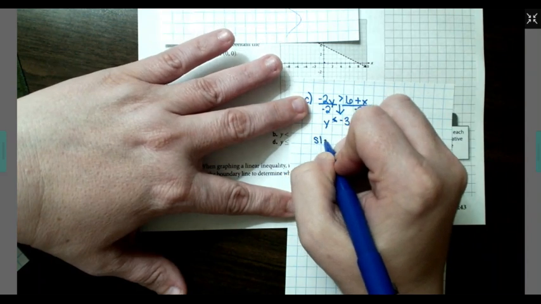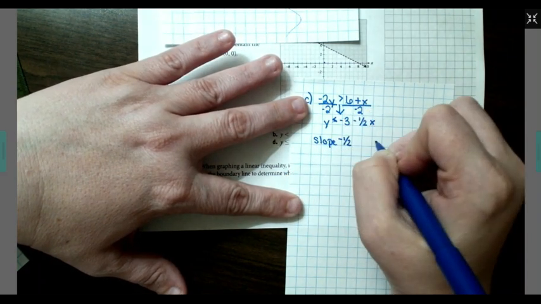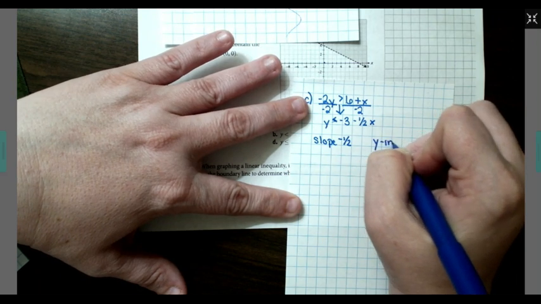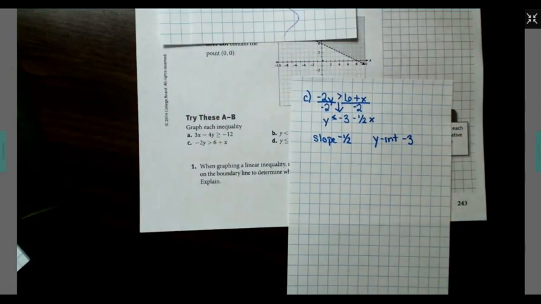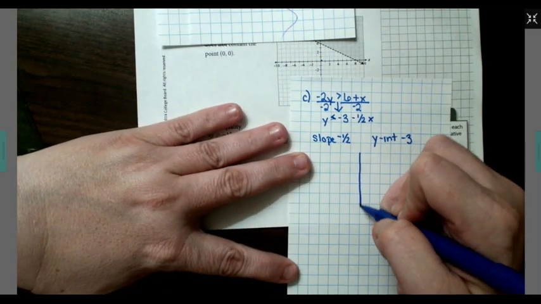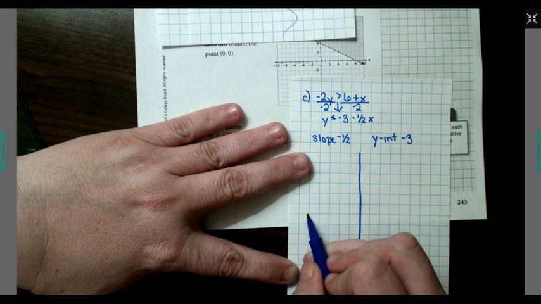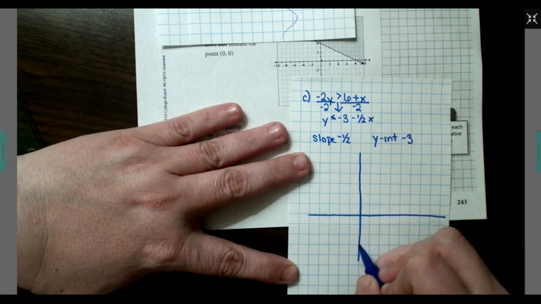So my slope is -1/2. My y-intercept is -3. Let's create our xy axis. We're going to start at -3.